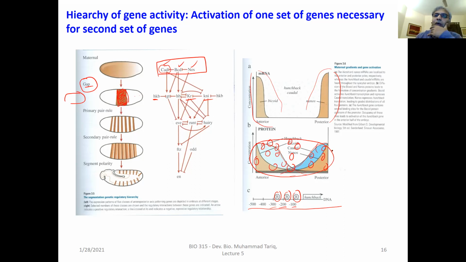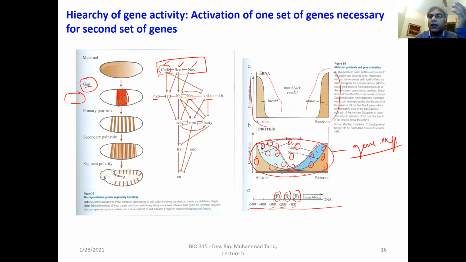A nucleus which is exposed to a very high concentration of nanos, caudal, etc., and the least concentration of bicoid, what is happening to it? There is a kind of gene expression pattern at a very, very early embryonic stage. Foundations of cell type specific gene expression pattern are being laid down here.